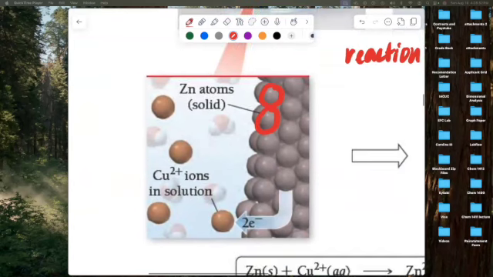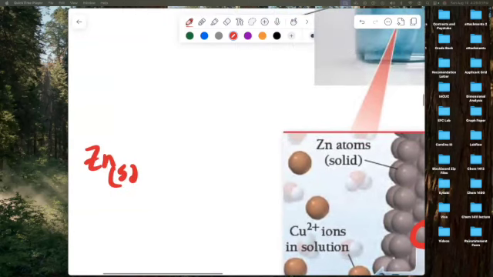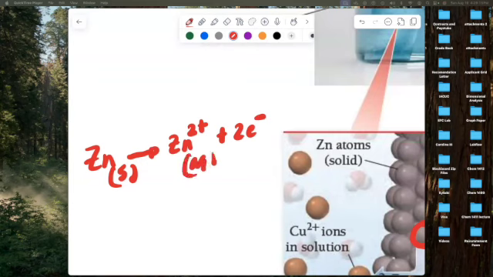So we're going to focus on this one particular zinc atom because this zinc atom is going to start the reaction, okay? It initiates the reaction by releasing 2 electrons. So the reaction actually happening first is the zinc solid atom goes ahead and releases 2 electrons as it becomes a zinc ion, okay?